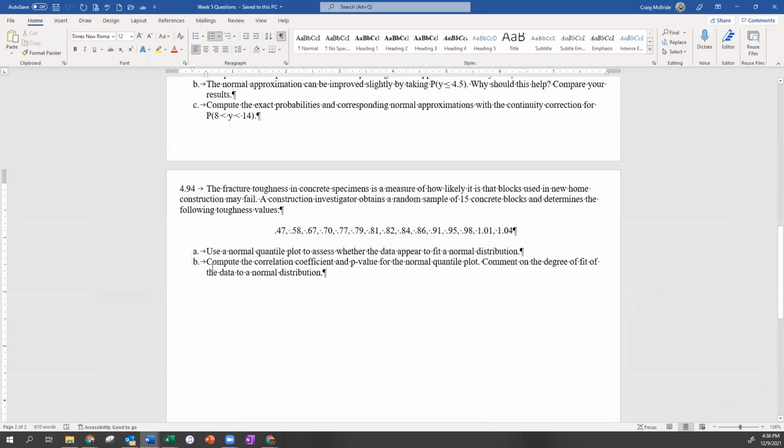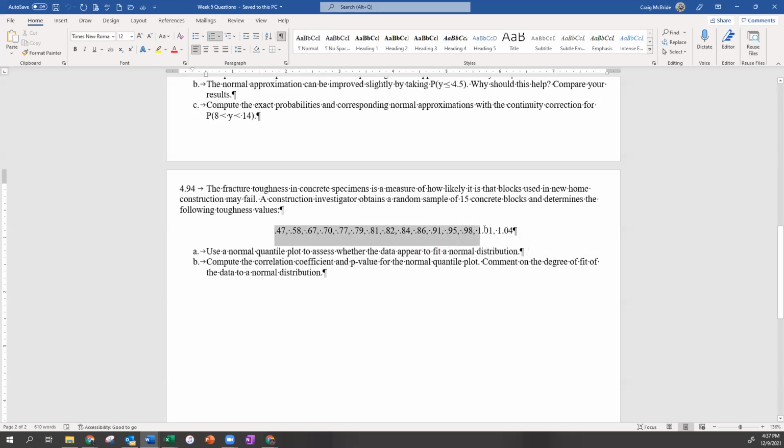And then the second part, compute the correlation coefficient and p-value. Well, that's just a matter of running correlation on this. If you actually run the regression analysis that gives you the scatter plot, it gives you the correlation coefficient, R, but it also spits out the p-value.